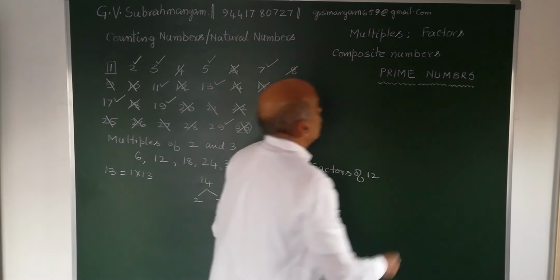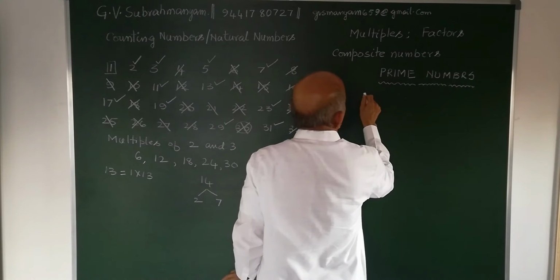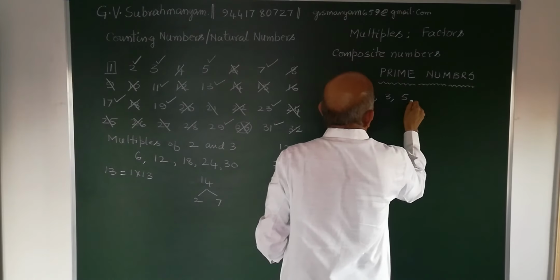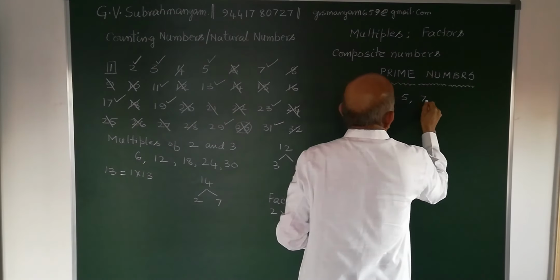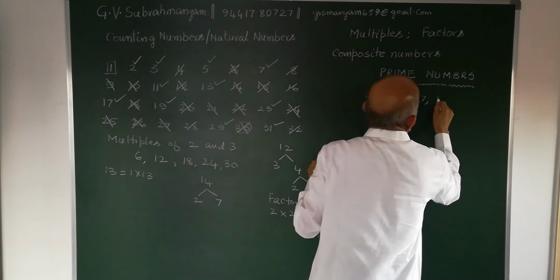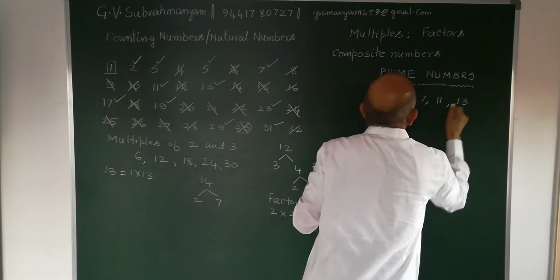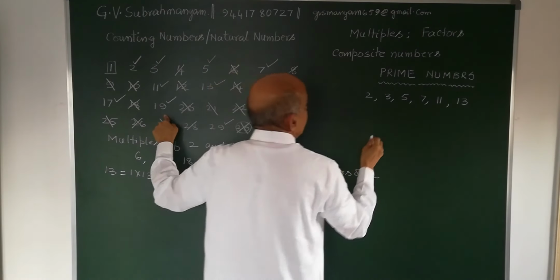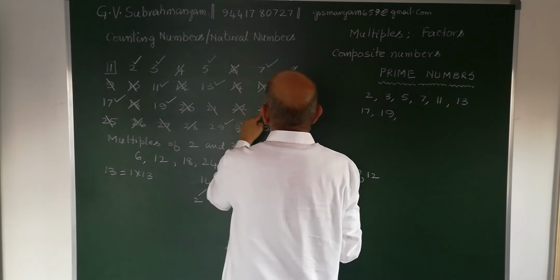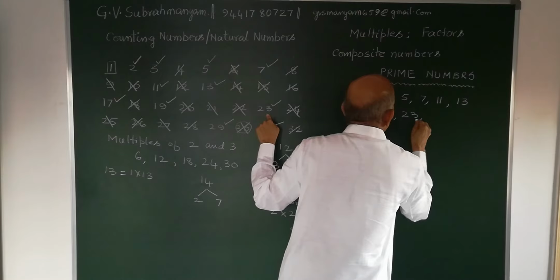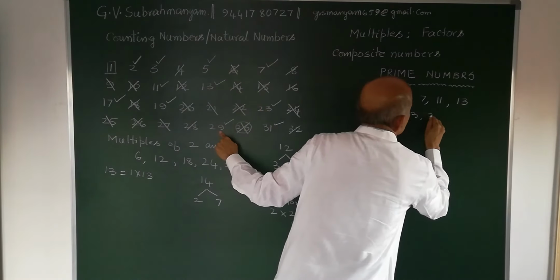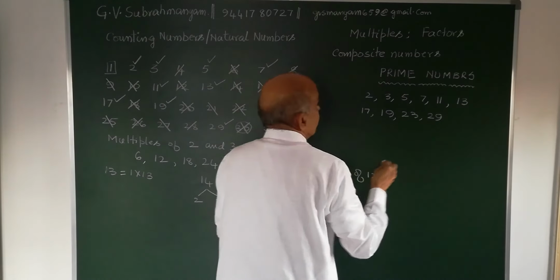Now let us list out the prime numbers, that is 2, 3, 5, 7, 11, 13, 17, 19, 23, then 29, then 31.